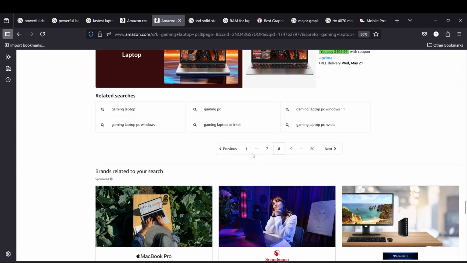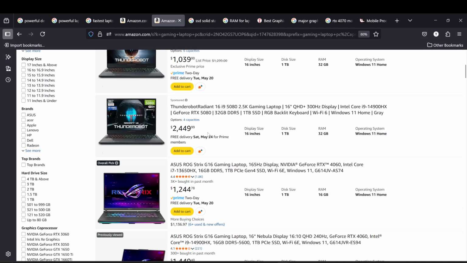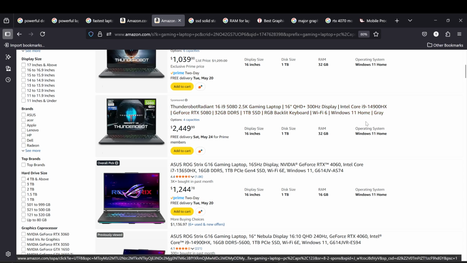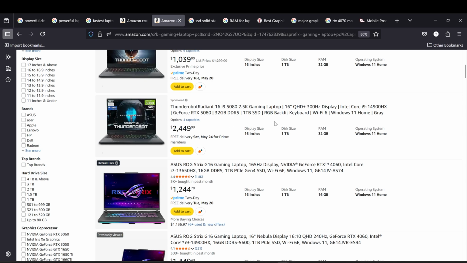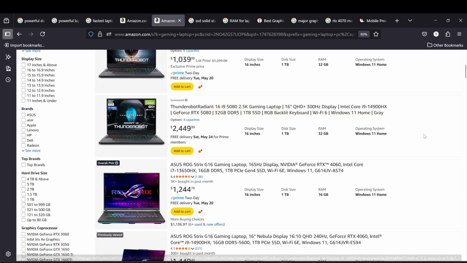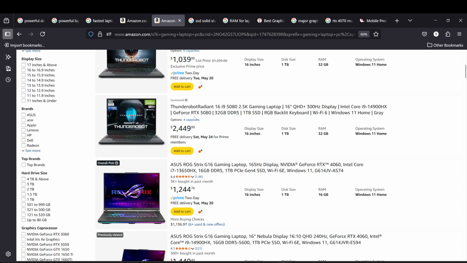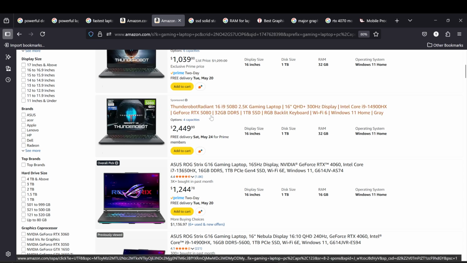Let's jump into the first page again, starting from the beginning. This is a really high-end laptop. As for the spec, I'm not talking about the brand. This is i9 14th generation CPU, RTX 5080. It's 30 series, 40 series, and then 50 series.